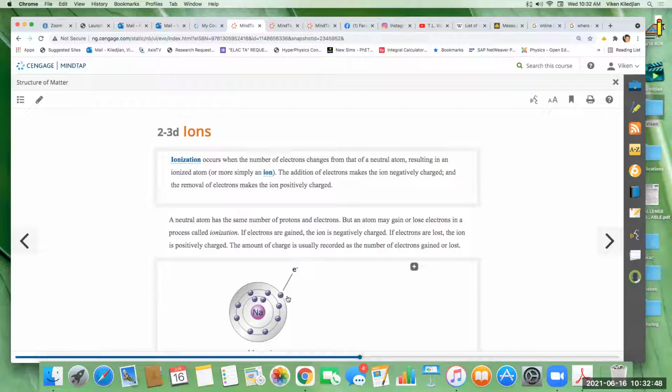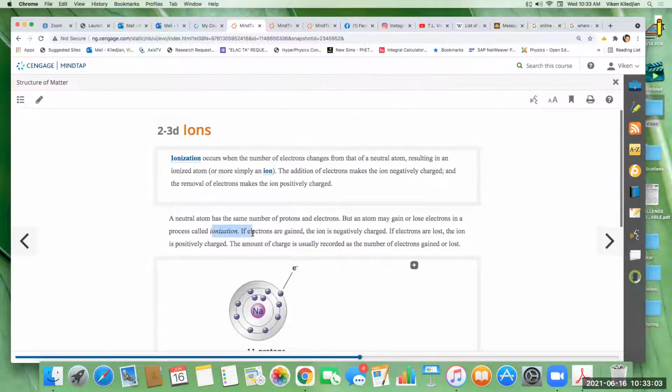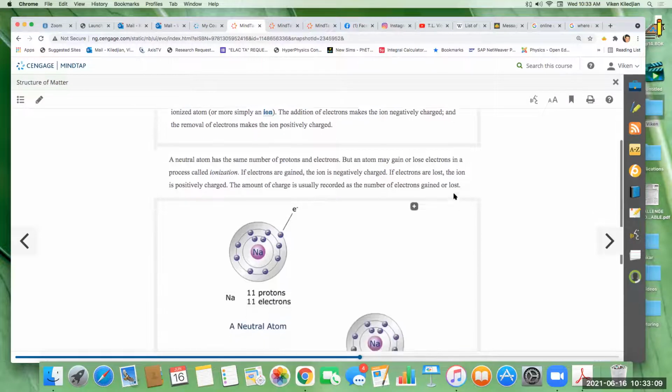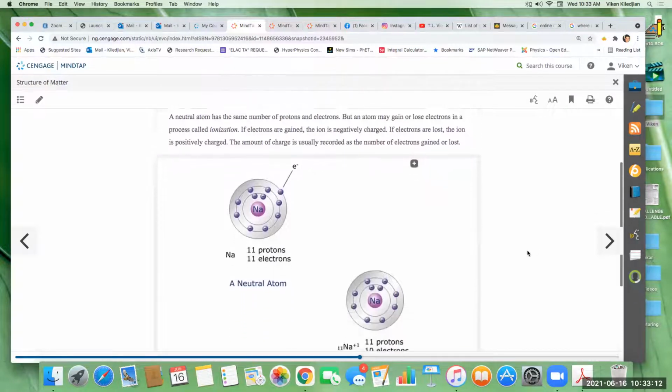If I take away the outside electrons, then it's going to be positively charged. So a neutral atom has the same number of protons and electrons, but an atom may gain or lose an electron in a process called ionization. If electrons are gained, the ion is negatively charged. If electrons are lost, the ion is positively charged.